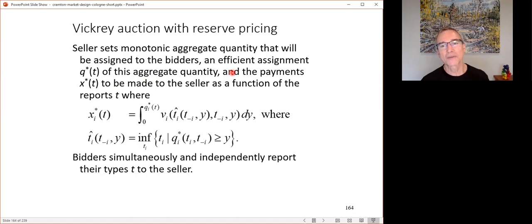So, first we assign the quantity efficiently. So we look at the values and we assign quantity to those that value it the most. And this is, actually it's not truth dominant, it's ex post equilibrium because we have independent types, but there's possible correlation. But in any event, truth is an equilibrium in this.